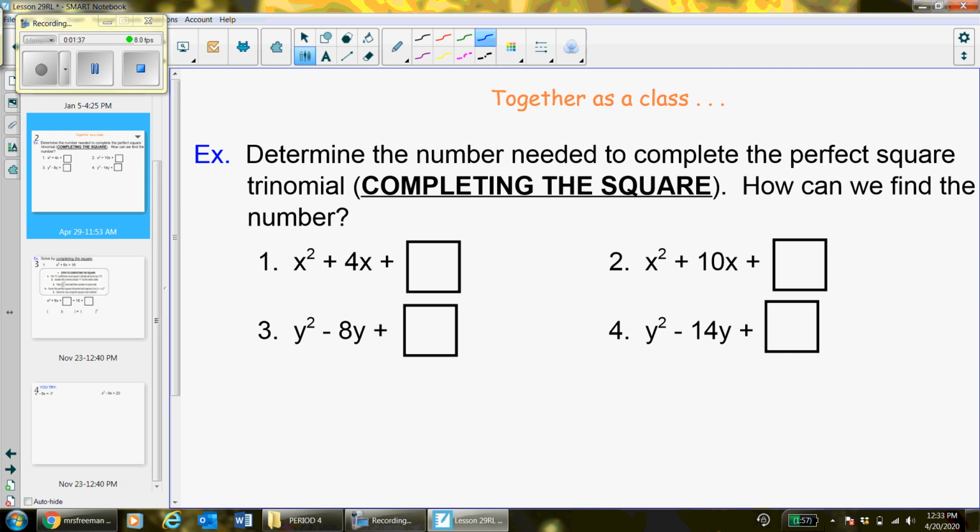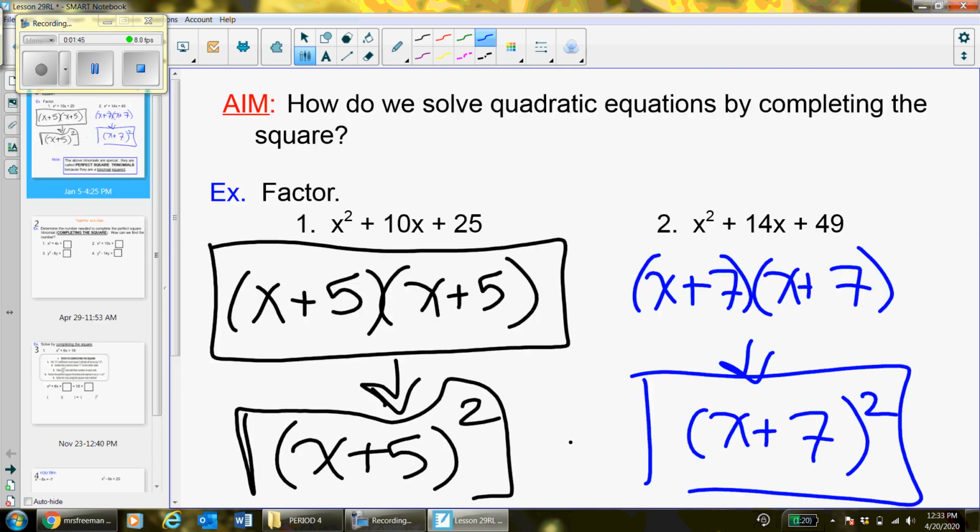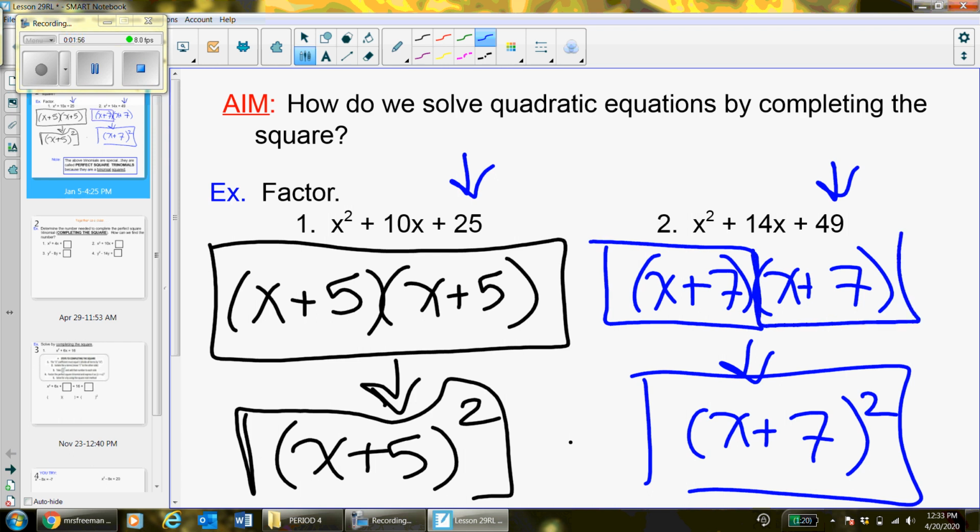All right, so determine the number needed to complete the perfect square trinomial. Now if you were paying attention, these two trinomials have perfect squares at the end of them. And also two quantities that are the same thing multiplied times each other to give you a product, which is a perfect square.